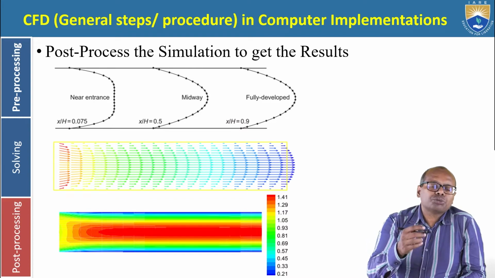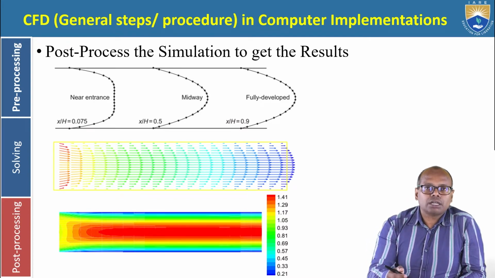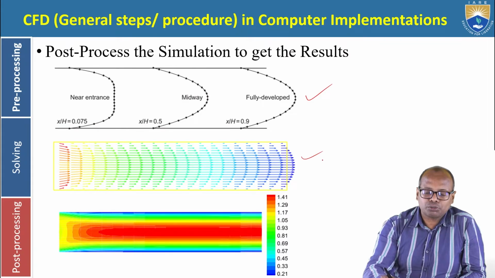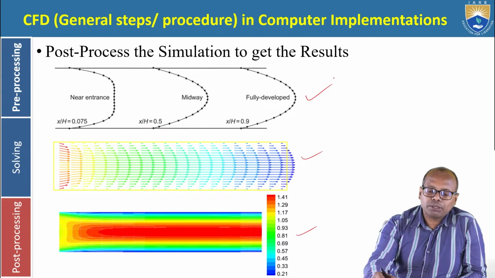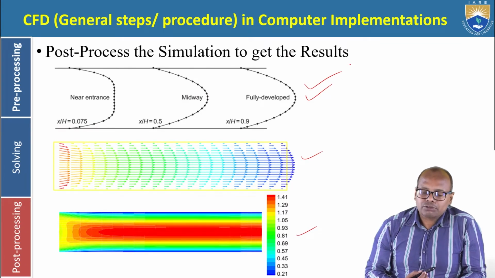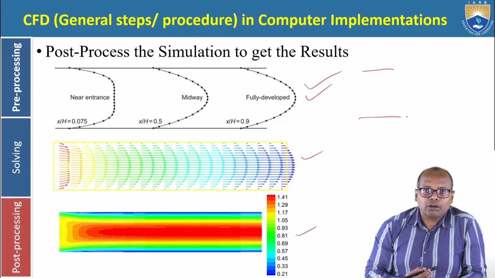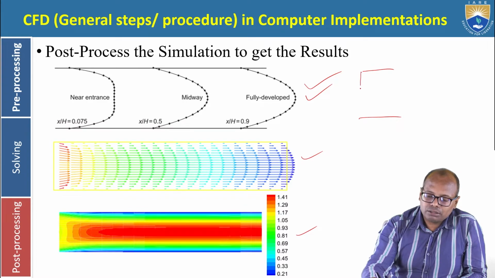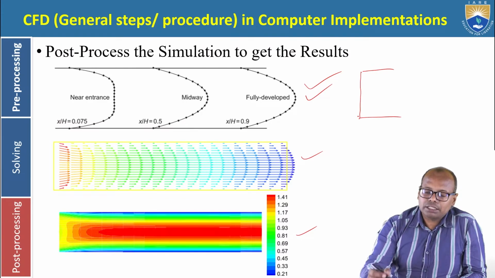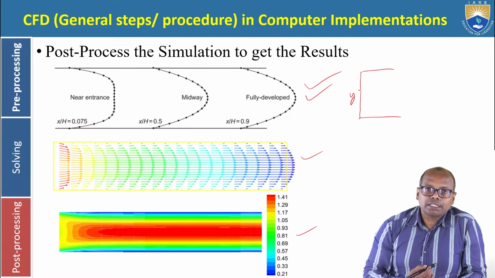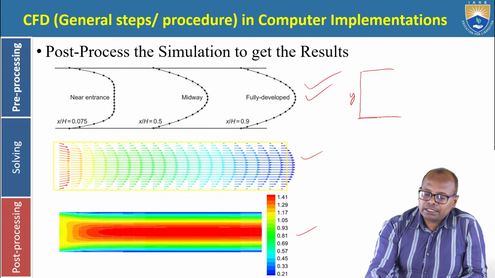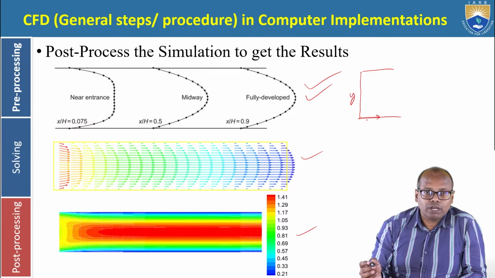Now the post processing can be done in different ways. Here I have shown three different types. This is an XY plot. What do I mean by XY plot? This is the two parallel plates I have. From here to here is the Y distance, and in the X direction I have velocity.